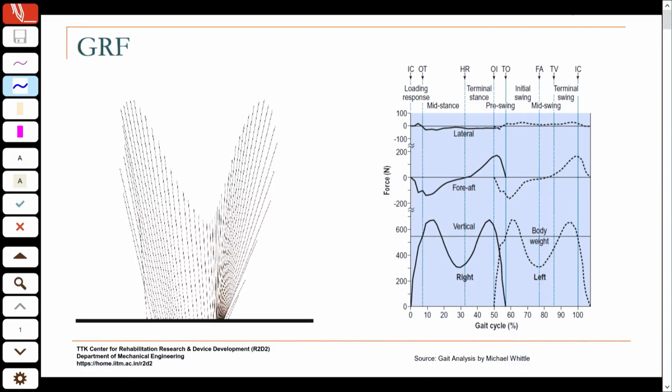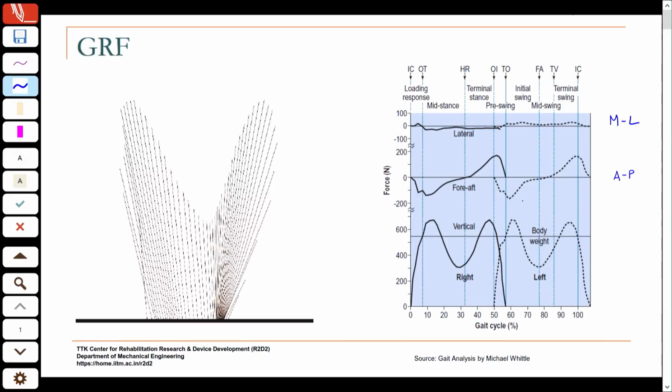There are two horizontal components, the anterior posterior and the medial lateral. The anterior posterior component is significantly lower than the vertical GRF, and the medial lateral component is even lower than that.